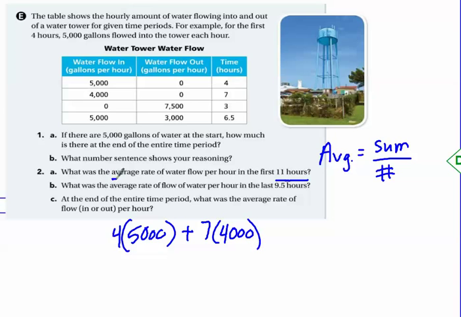But I am wanting the average. Therefore, I need to take that number and divide it by the number of hours that are total, which is 11. Solve that.